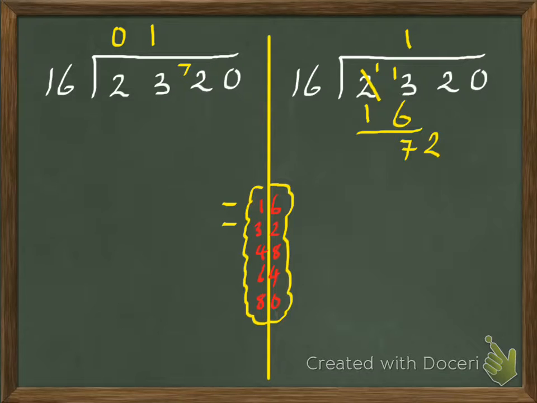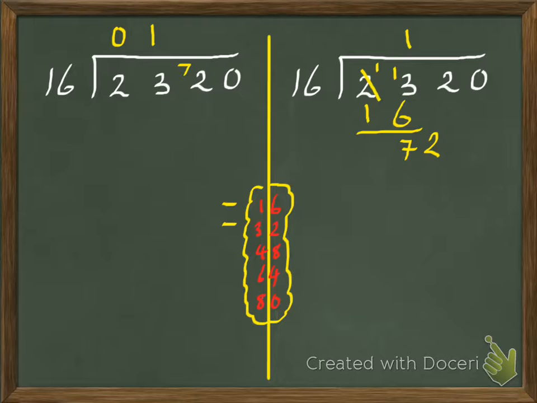the 2. You'll already see that as far as the sum goes, there's the 72 there and there's the 72 there. We're using the same numbers, it's just shown differently. Then I ask myself, how many times does 16 go into 72?